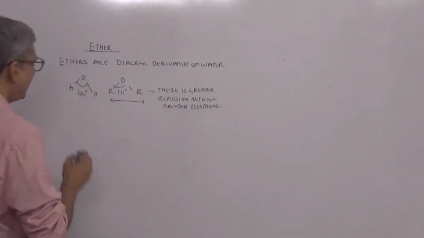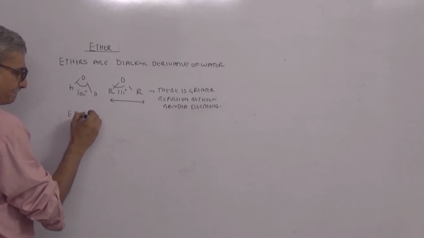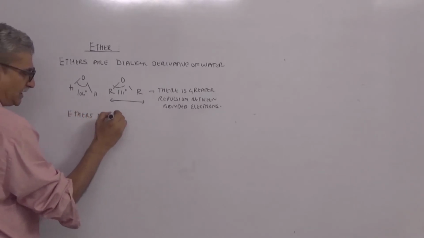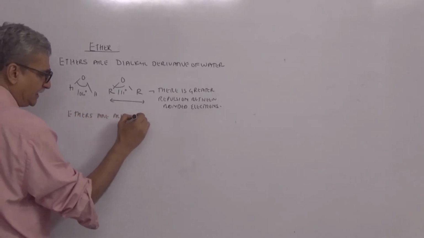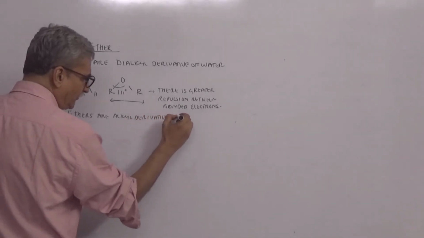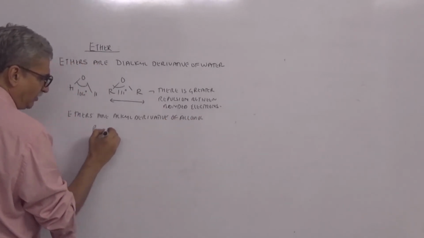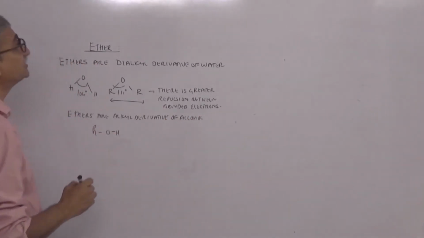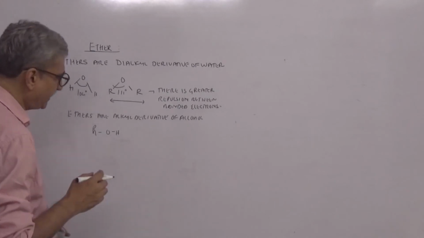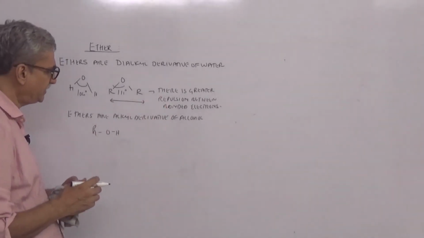Then the other definition is they are alkyl derivative of alcohol. Ethers are alkyl derivative of alcohol. See, we know alcohol is ROH. Is this point clear? Alcohol, we have time. I at least finish the methods of preparation and reactions.